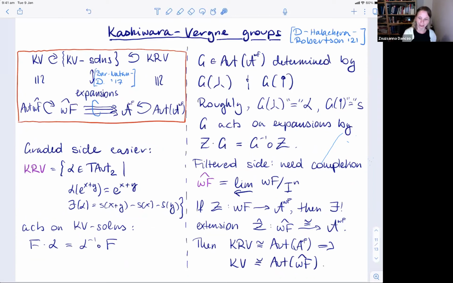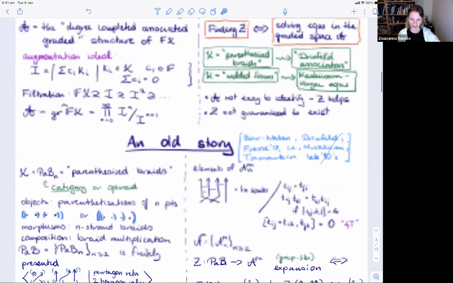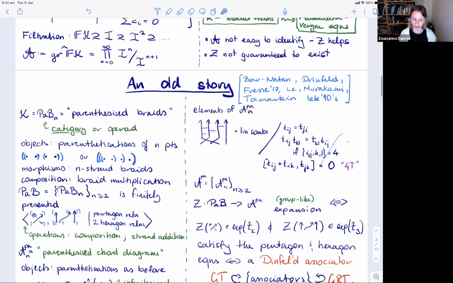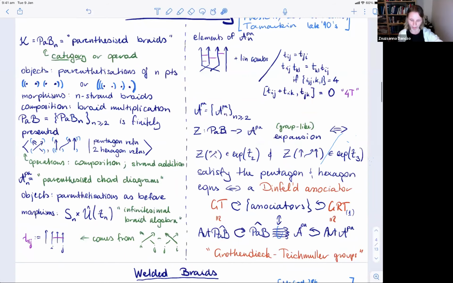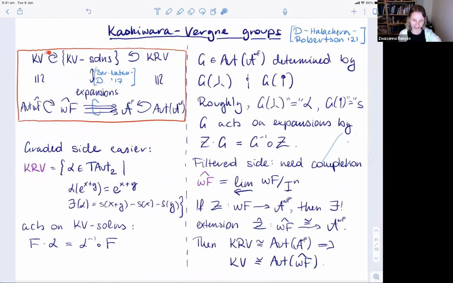So the recent work with Eva Halacheva and Marcy Robertson is completing that picture. What I told you in the old story about associators: here we had these Grothendieck-Teichmuller groups, and those were identified with automorphism groups. In this case, again, there are automorphism groups which are called KV and KRV, and they're very analogous to the Grothendieck-Teichmuller groups.